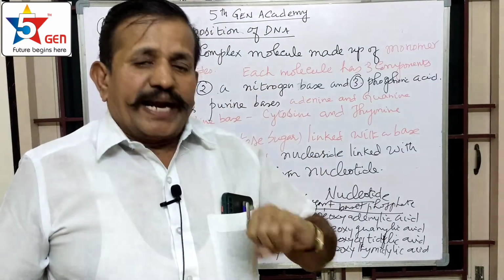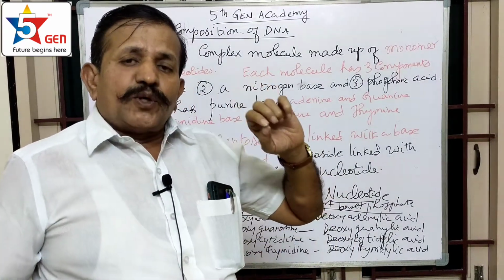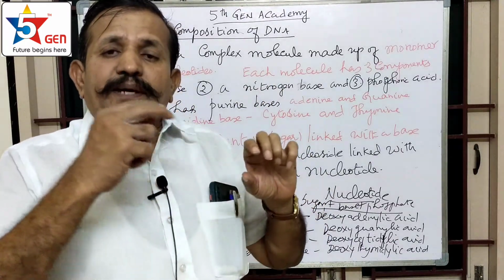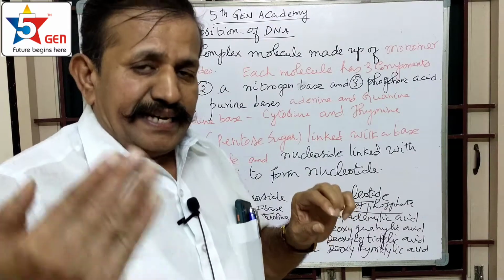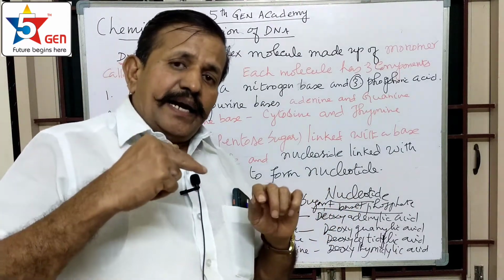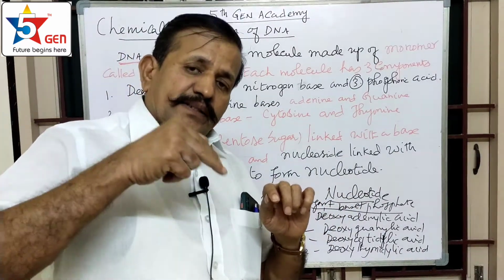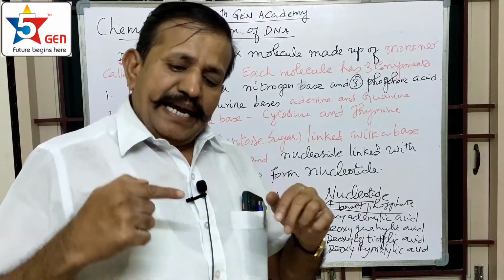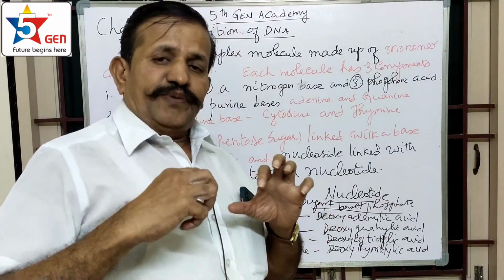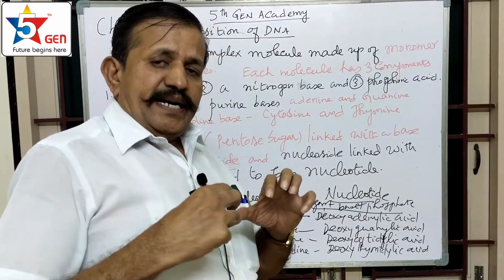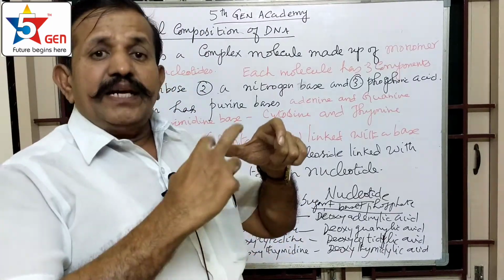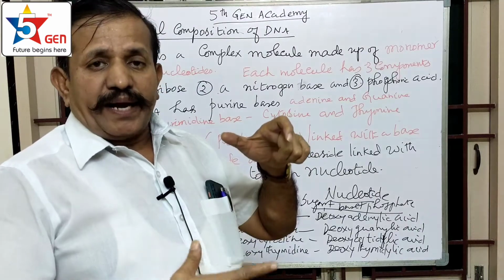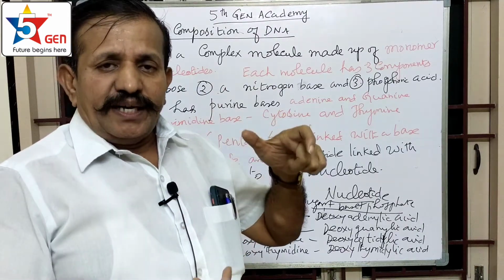Deoxyribose pentose sugar and phosphoric acid both act as the backbone of DNA, and adenine, guanine, cytosine or thymine emerge from the backbone and form base pairs in two linked strands opposite in direction.